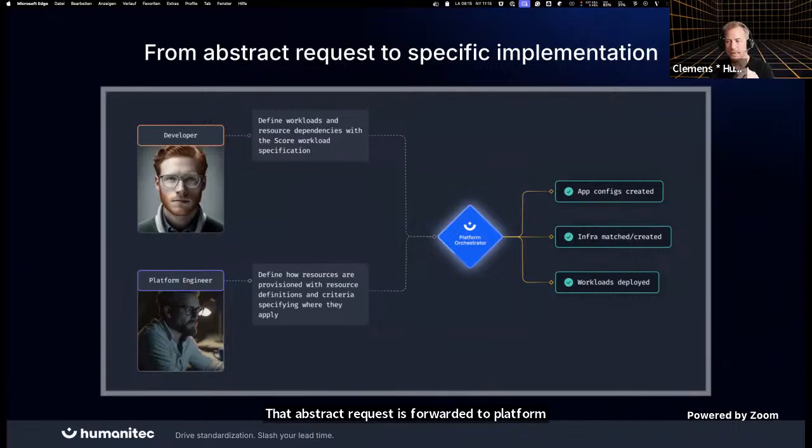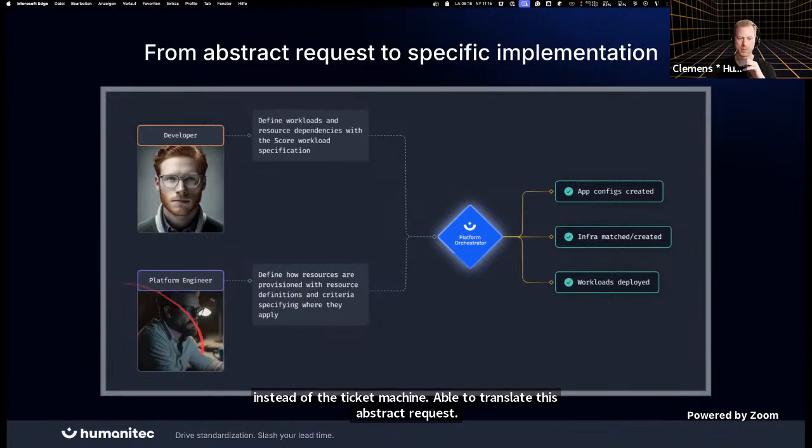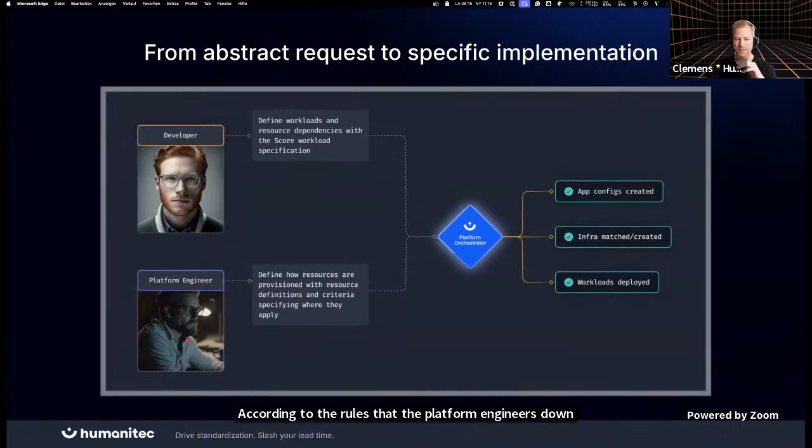And the orchestrator is, as the robot in the middle instead of the ticket machine, able to translate this abstract request according to the rules that the platform engineers down here have defined. So how resources are provisioned with resource definitions and criteria specifying where they apply.